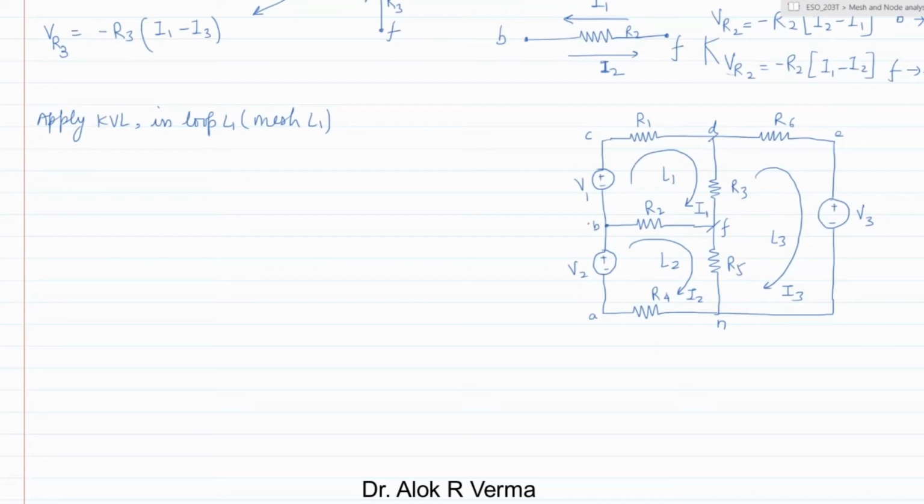You can start from point B. We can write V1, which is a rise in voltage potential, minus R1 I1 minus R3 times (I1 minus I3), since for loop 1 we assume the current direction I1, which is D to F, minus R2 times (I1 minus I2), equal to 0, keeping V1 in the same direction.